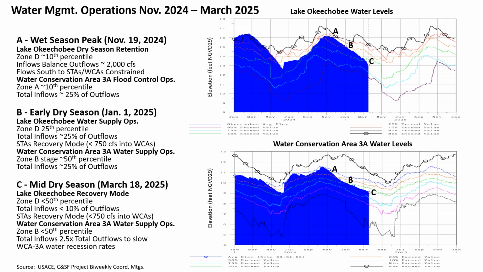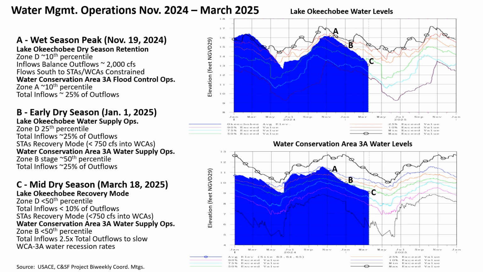Lake Okeechobee levels were near the historic upper peak, 10th percentile, but changed little in the last 30 days, remaining within Zone D, or normal operational range, for the Lake Okeechobee System Operating Manual, or LOSOM, schedule.